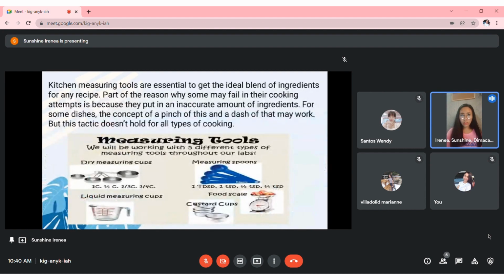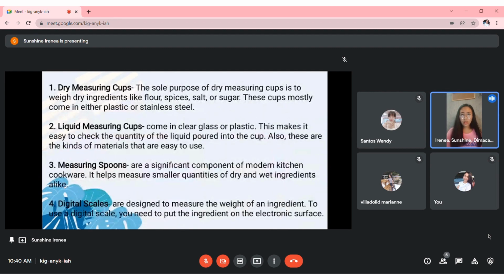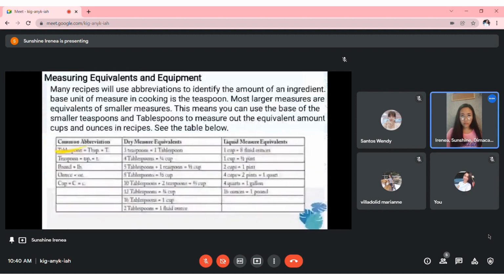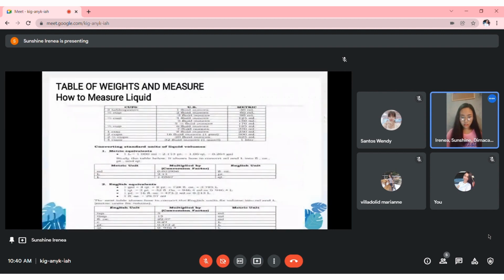In the next picture, these are the measuring tools and their different definitions. For the measurement equivalents and equipment, we have pictures so the students will be able to understand them easily. And the table of weights and measures: this table is about how to measure liquids.